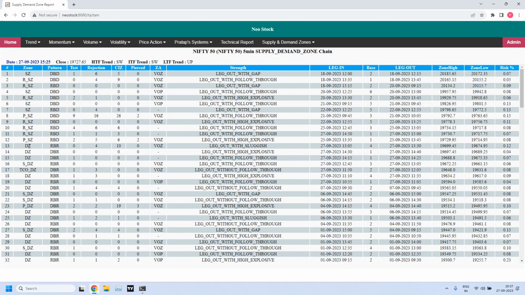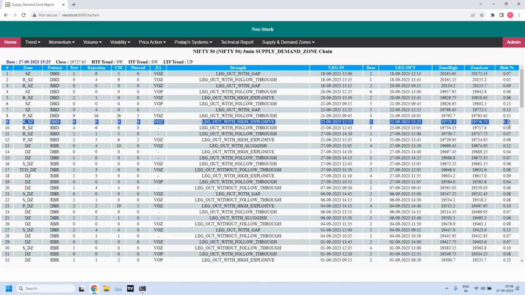Okay. Here we have immediate demand and supply zones. This supply zone is pierced. Now just above this we have high liquidity supply zones.